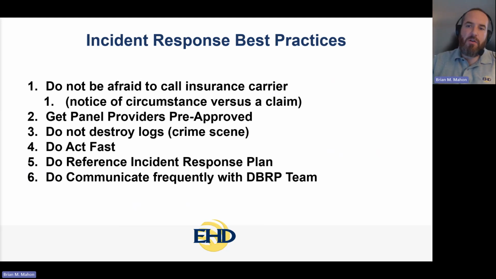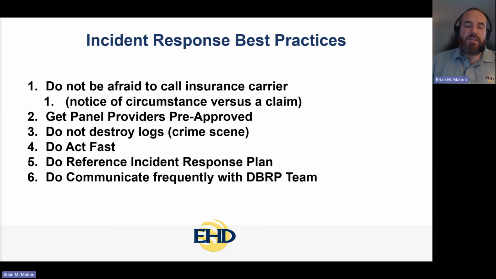It's a, hey, insurance carrier, an incident happened. We don't think it's a data breach, but we wanted to let you know about it because we don't want to be penalized. Because a lot of the times there is language built in these policies that limit the amount of time that you can file a claim. So you can't just say, "Oh yeah, we got hacked 9 months ago. Can you help us out?" That's not typically how it works. It's usually like 30 to 60 days.